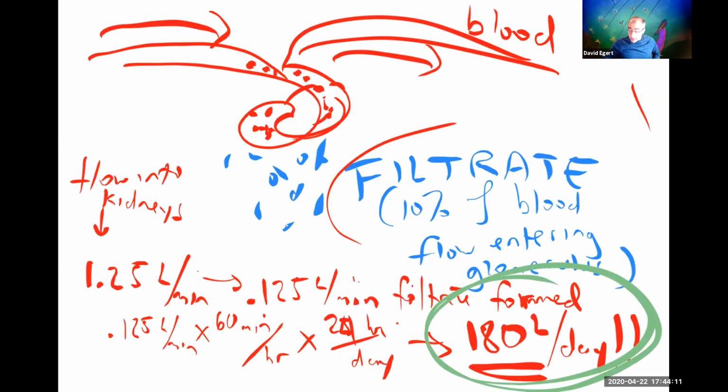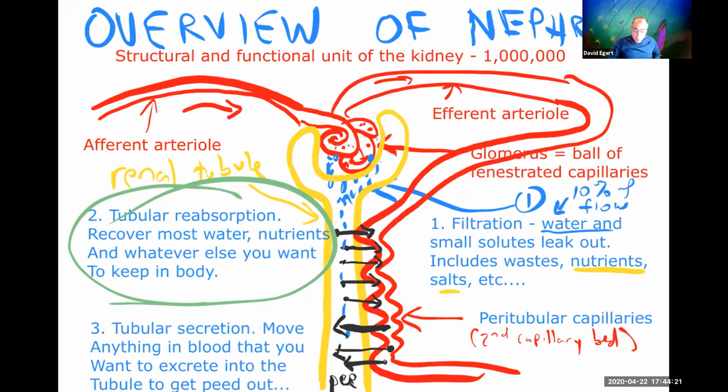So by inhibiting the reabsorption using a loop diuretic like Lasix, you end up having more water leave your body because you're reabsorbing less of it before you get to the peeing stage. So that makes sense?